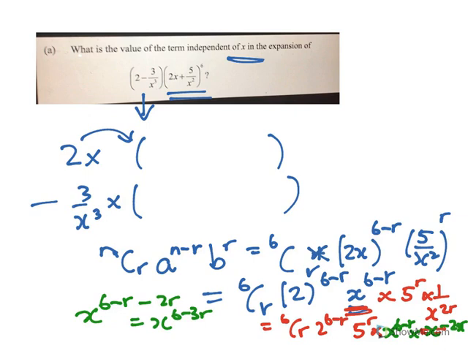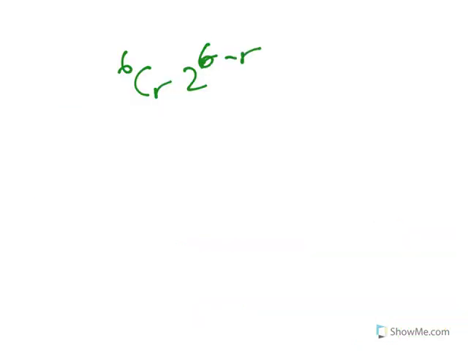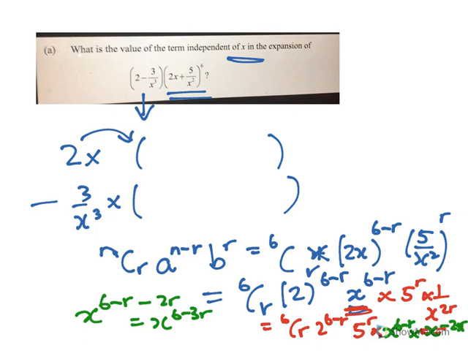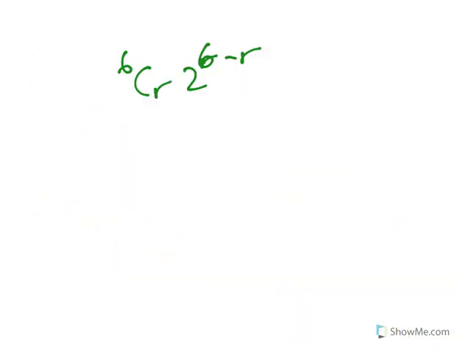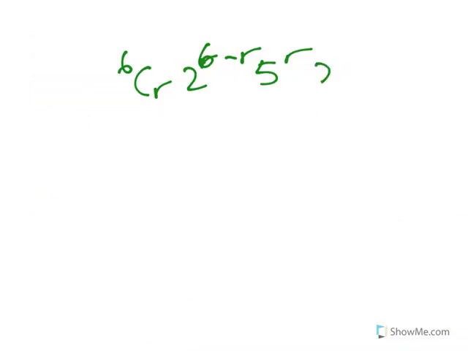So I'm just going to rewrite that on the other page. So it's 6Cr, 2 to the 6 minus r, 5 to the r, and then we get x to the 6 minus 3r.